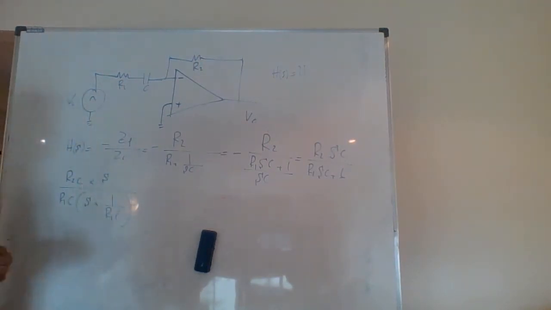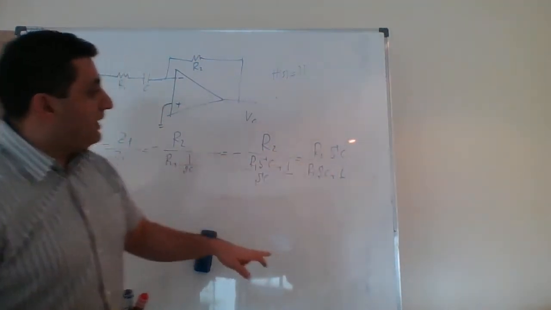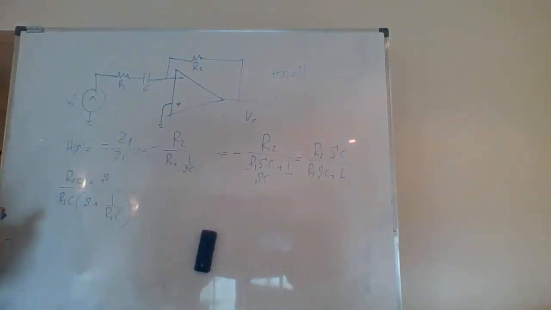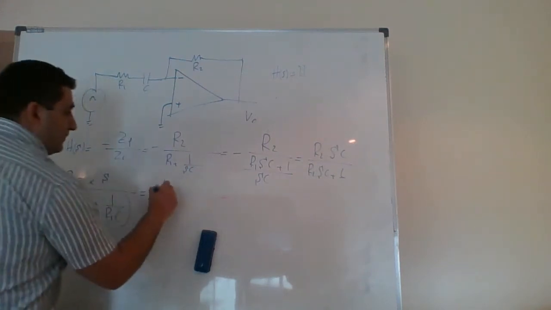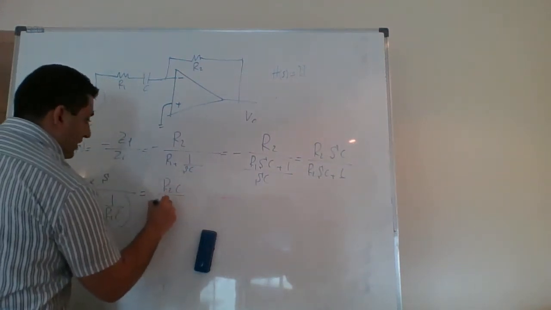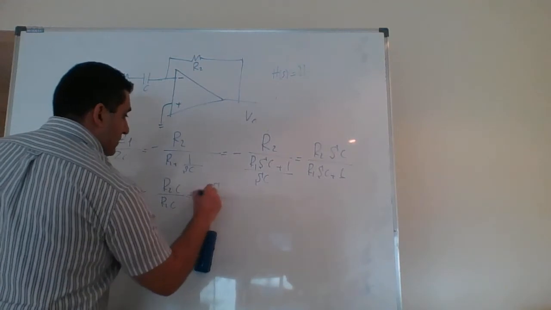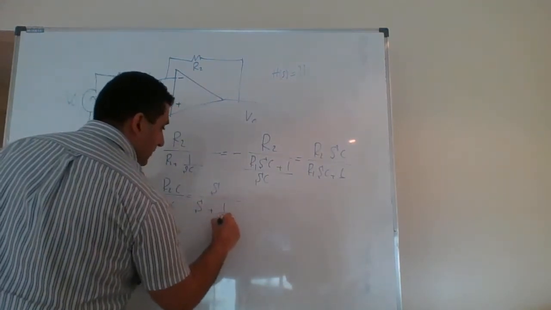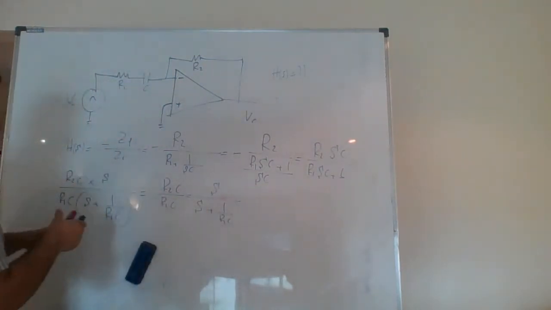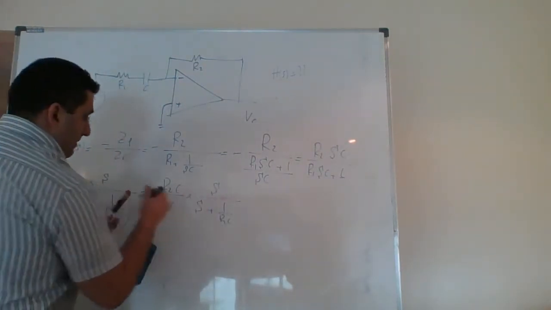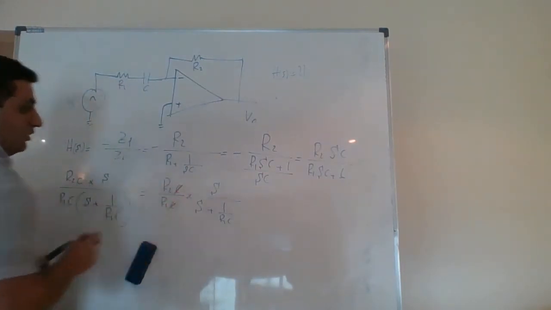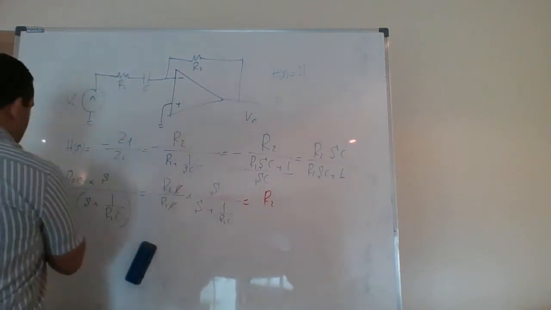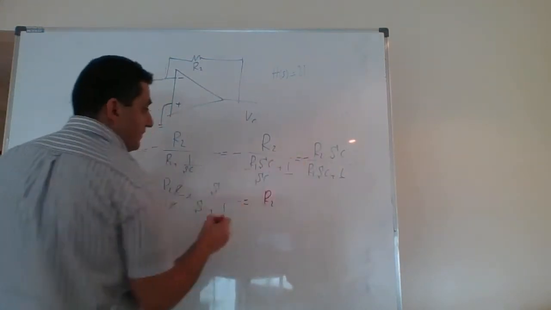I haven't done much. All I did is I said R2C multiplied by S, and at the bottom I took R1C on the outside. It gives me R2C divided by R1C, multiplied by S divided by S plus 1 over R1C. This and this will go. So don't forget the minus, guys. Everything has to have a minus.